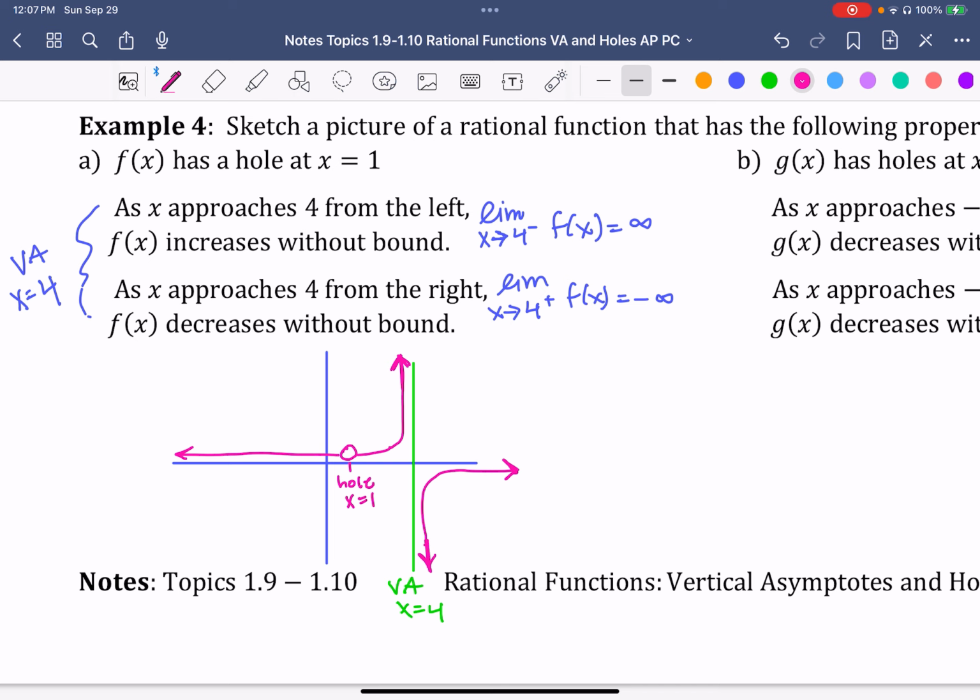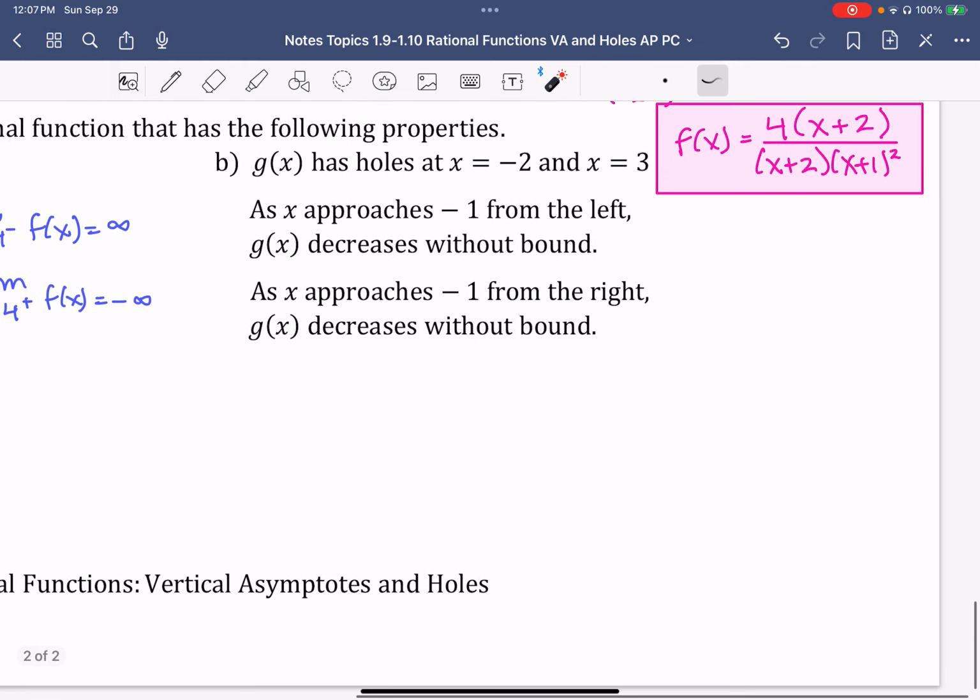Okay, because they didn't tell us what the y value was, so I can't make it more accurate than that, but that would be a potential sketch. Again, it's not perfect. It could have been more like this. They didn't tell us where the horizontal asymptote was, so it's just a rough sketch.